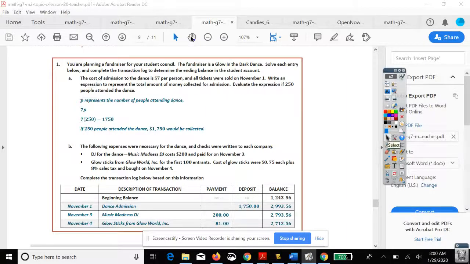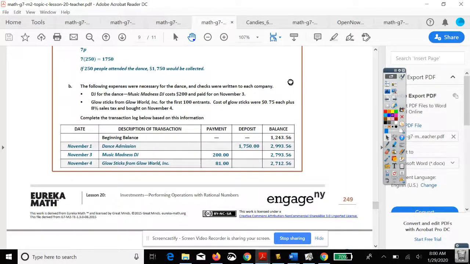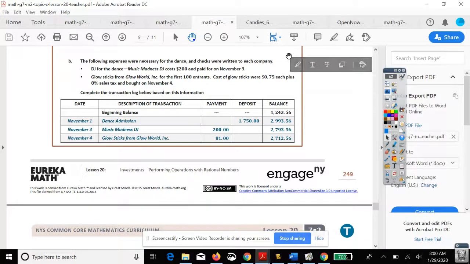The next part, B. The following expenses were necessary for the dance, and checks were written to each company. DJ for the dance, Music Madness DJ, cost $200 and paid on November 1st. Glow sticks from Glow World and Company for the first 100 entrants. Cost of glow sticks were 75 cents each, plus 8% sales tax, and bought on November 4th.